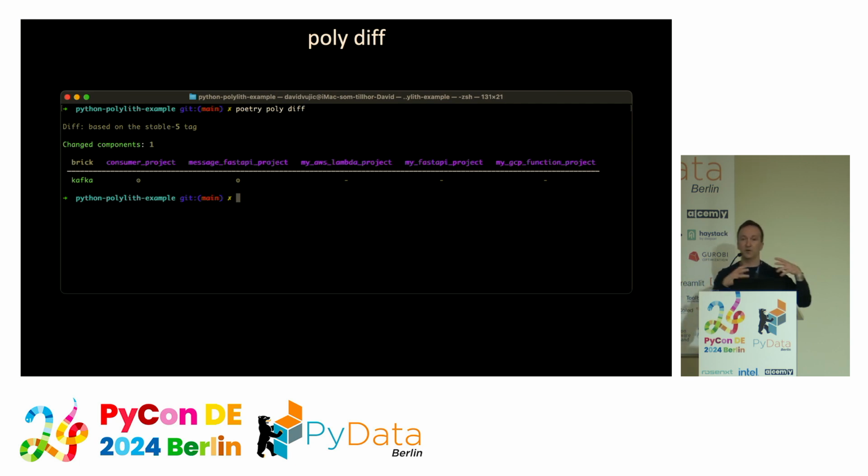I just want to deploy the ones that are affected by the changes. So the diff command will analyze the source code and identify which of the projects would need to be redeployed. In this case, it's two of these projects that actually use this Kafka thing.